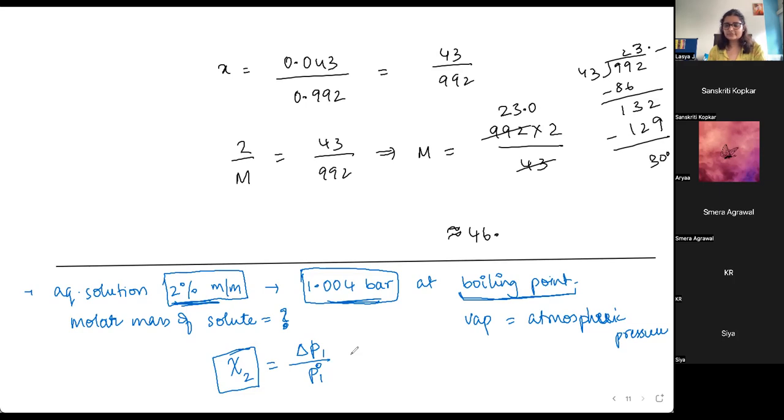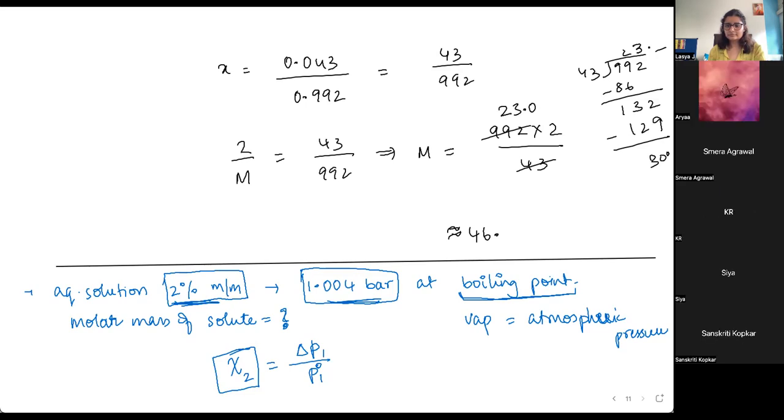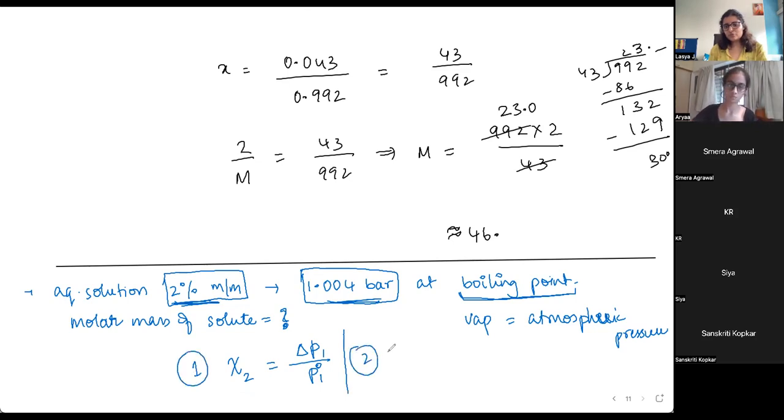Are you getting it? Make sense? So two concepts. One is that from the vapor pressure, you can figure out what the concentration is. So this is step one. And step two, equate the mole fraction with the concentration that is given.